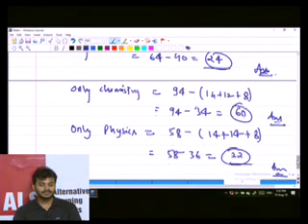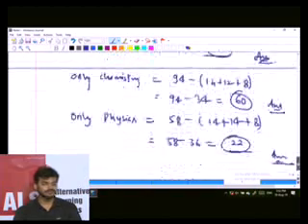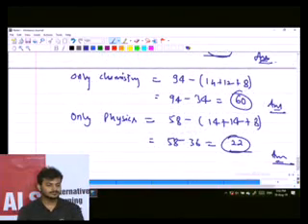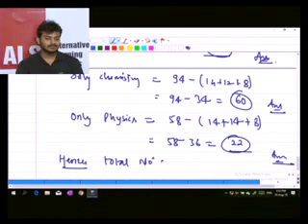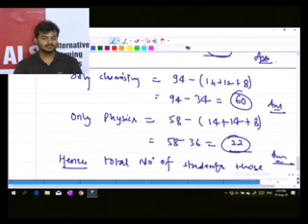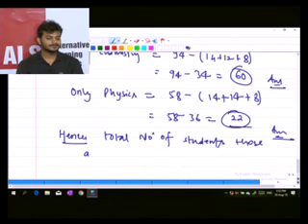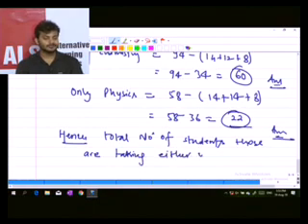Or if I have to ask you what is the total number of students, then what would be the answer? And hence, the total number of students taking either of the three subjects.